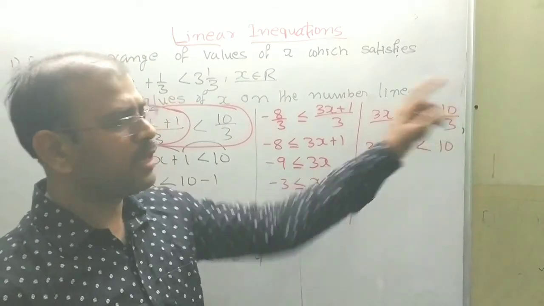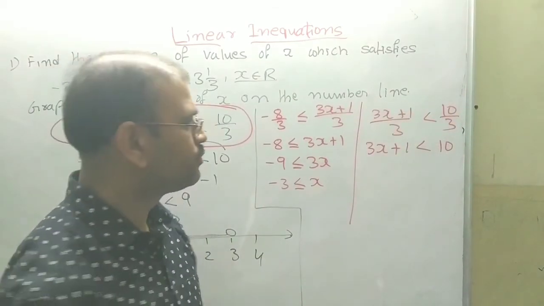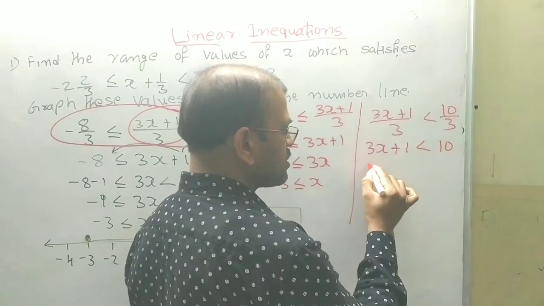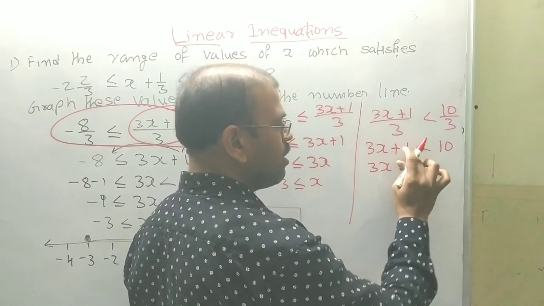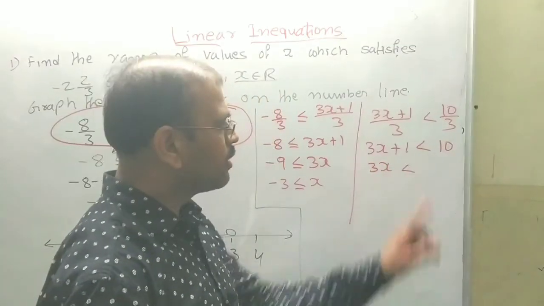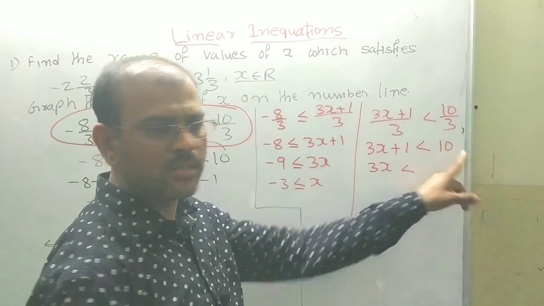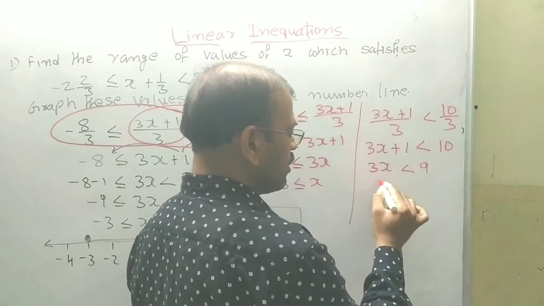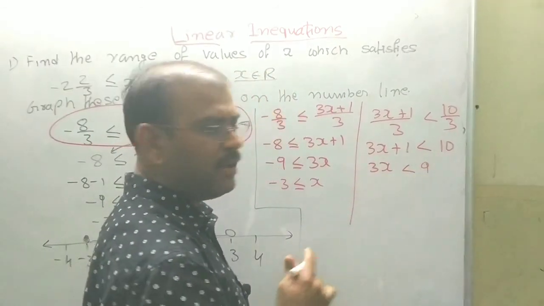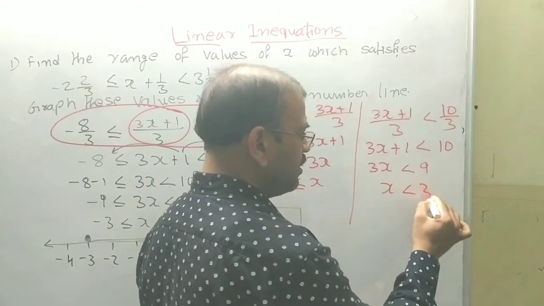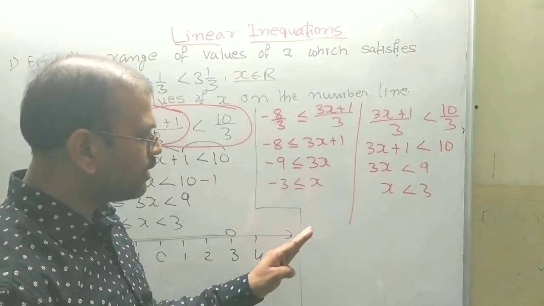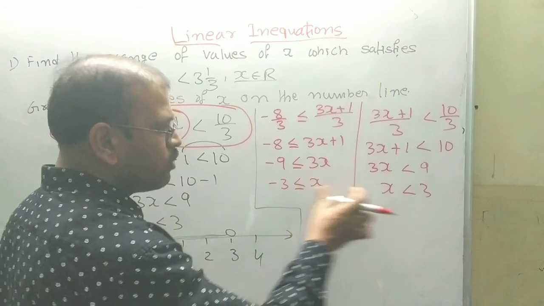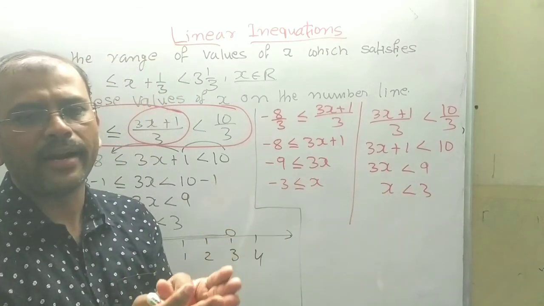So both sides of the inequation we divided by 3. This one you take to the other side: 3x less than, when we take 1 to the other side, 1 will become minus. 10 minus 1, we will get 9. So the entire inequation divided by 3: x less than 3. Now after finding this, this solution we have to write together.